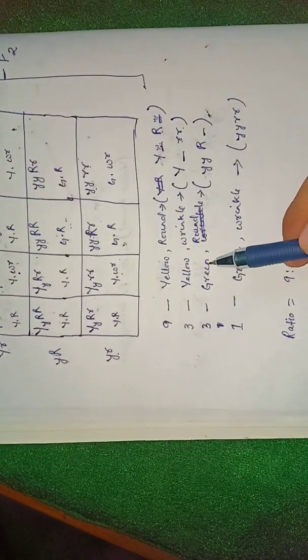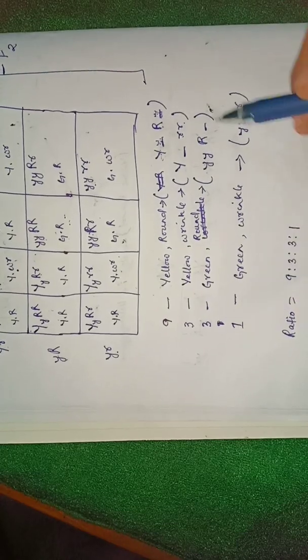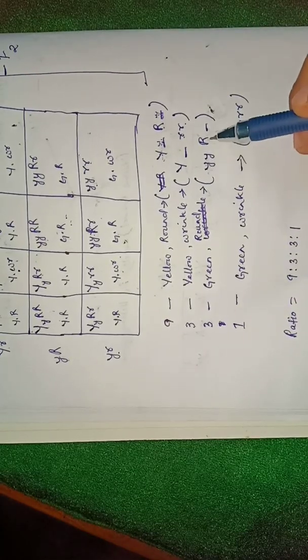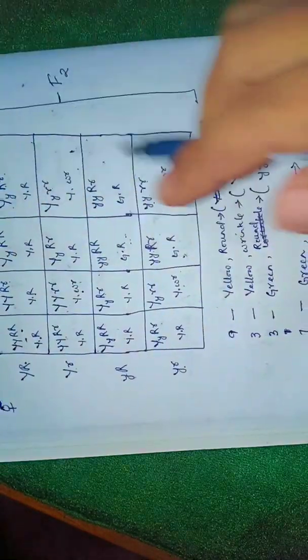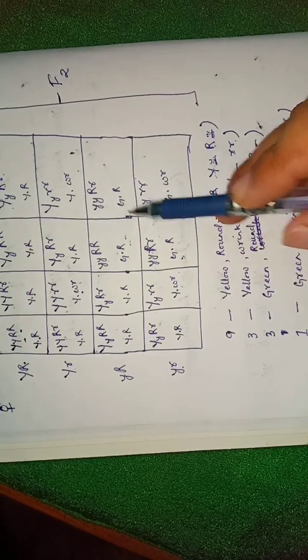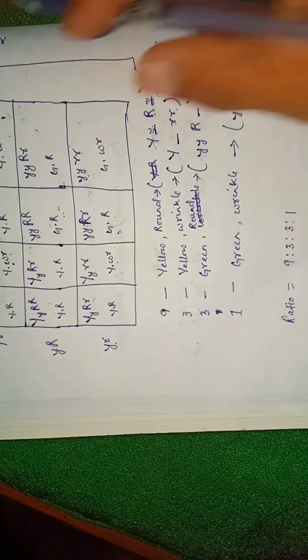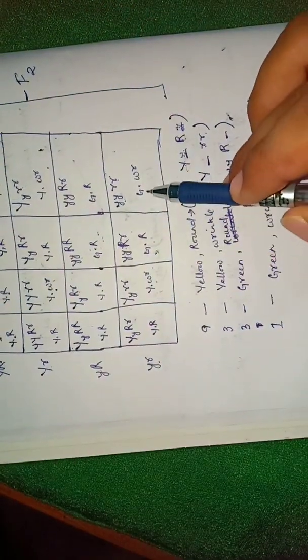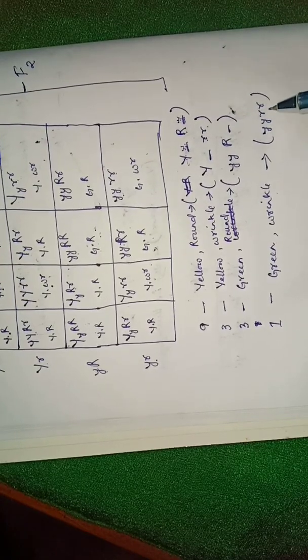The third one is green round. There are 3 green round. Green is small y and big R, round is the big R. Here 1, 2, 3, and the last one is green wrinkle. There is only 1 green wrinkle, indicated by small y and small r.